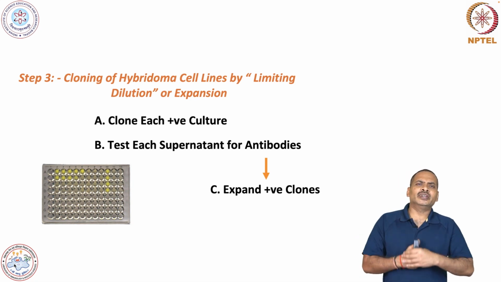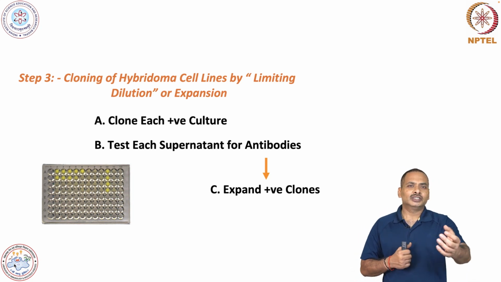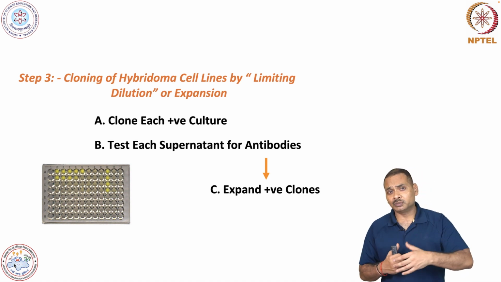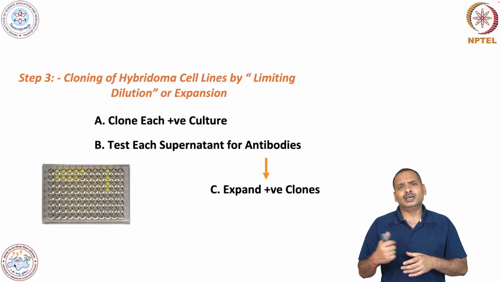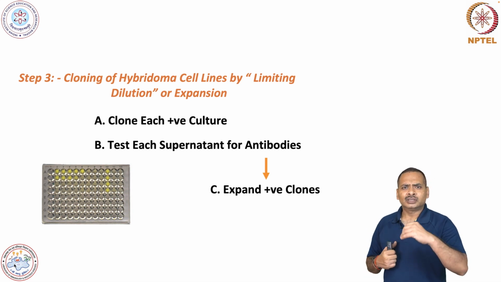So there are several ways by which you can make this antibody, expand these cells. One is that you take these cells and inject them into the peritoneum of mice, along with some agent. Then what will happen?